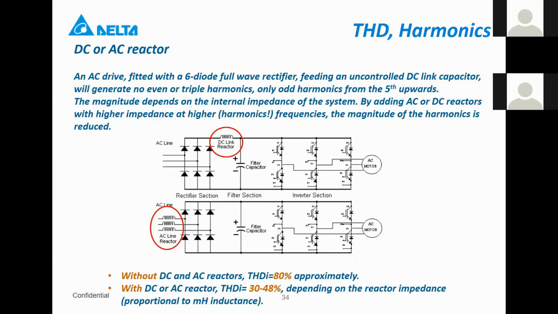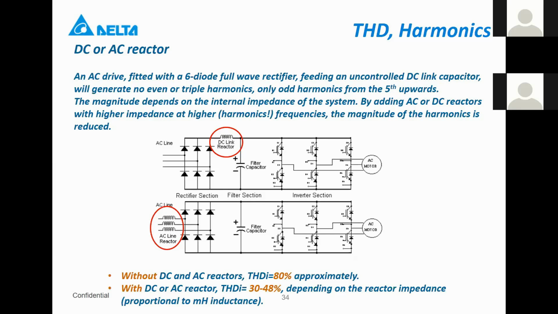Of course, you can play a little bit with the impedance of the reactor itself. Our drives have a built-in DC reactor above 37 kilowatt, and that is a 3% impedance reactor. But if you change that to 4%, for example, the THDI will be lower.